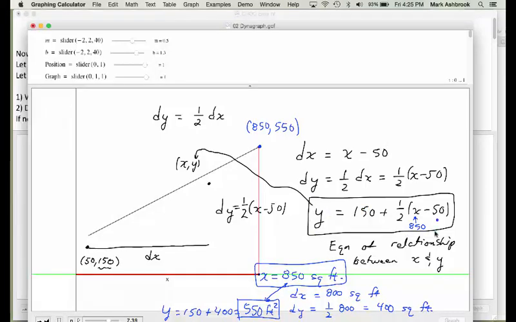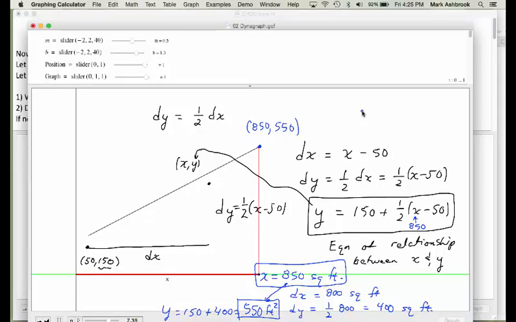So this computation is reflecting the change in x, then next the change in y, added to the original y gives the new value of y. And then you have a correspondence point of the final value of x and the final value of y, 850, 550 square feet.